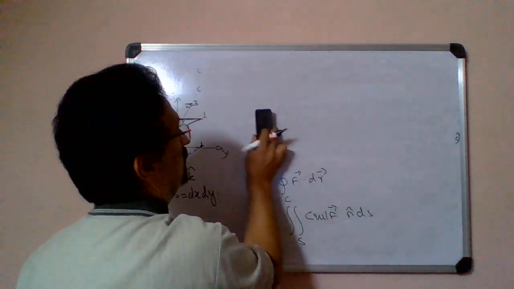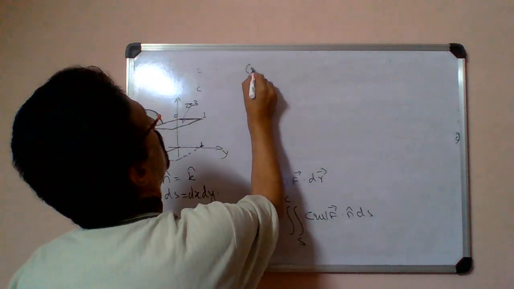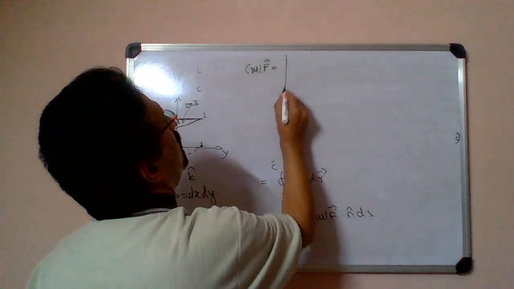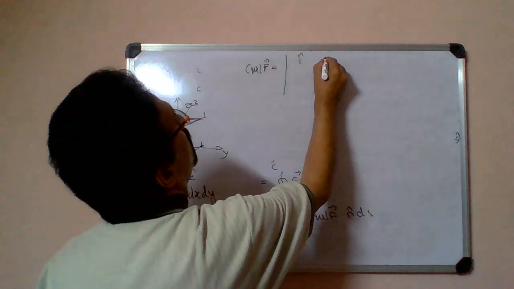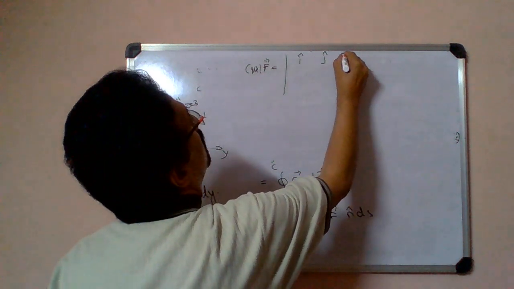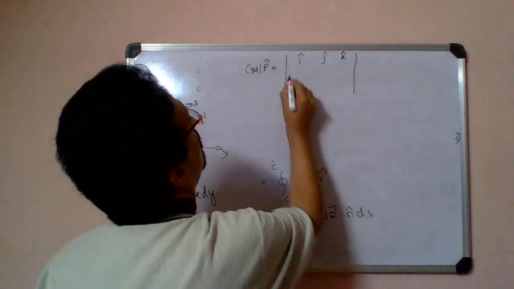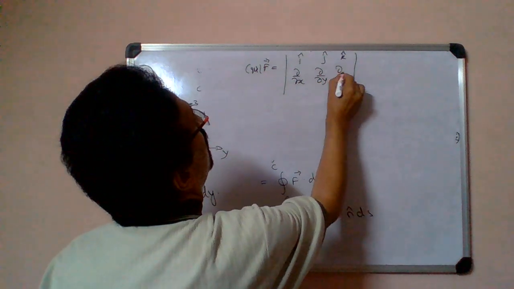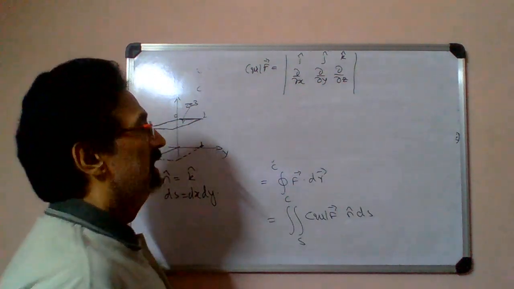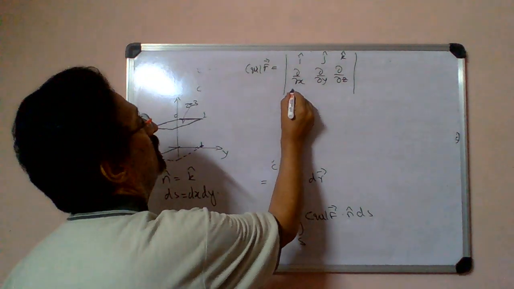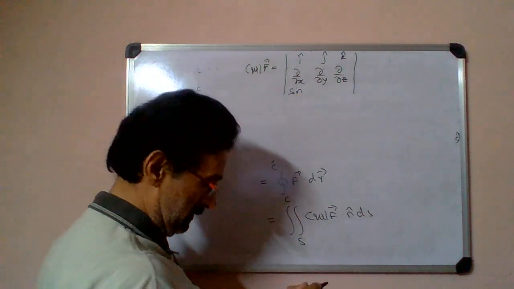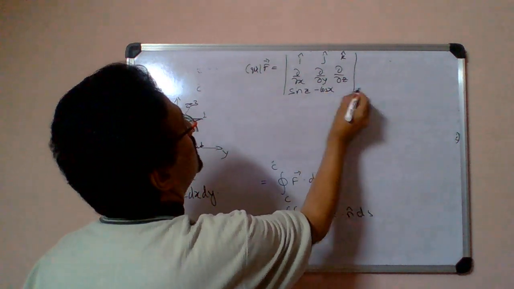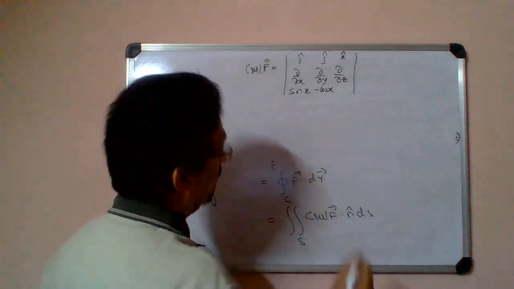So now curl f bar will be equal to the determinant i cap, j cap, k cap, then dou by dou x, dou by dou y, dou by dou z, then this is sin z, minus cos x, next is sin y.